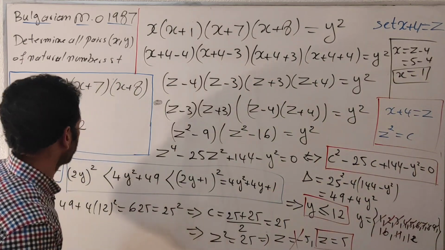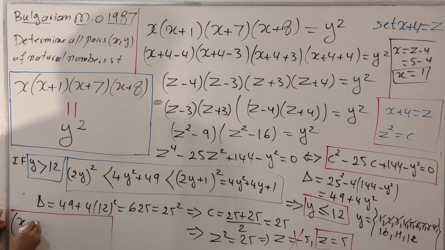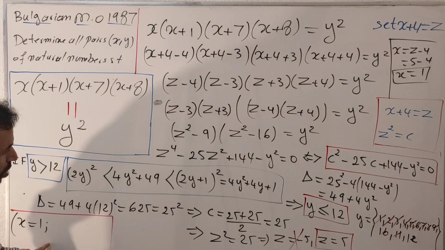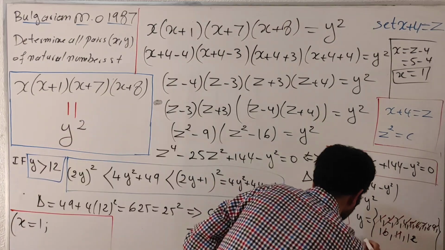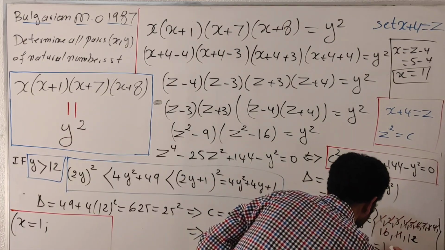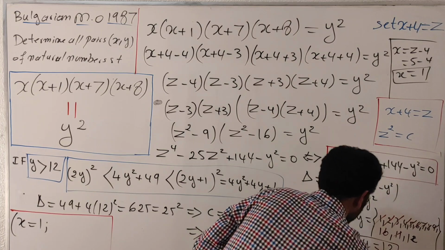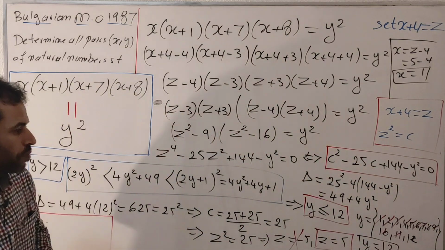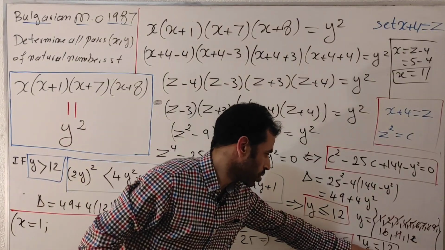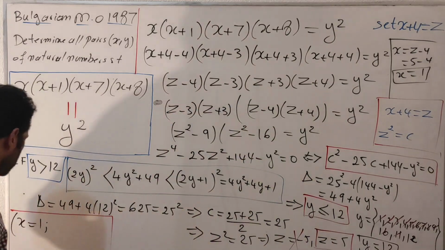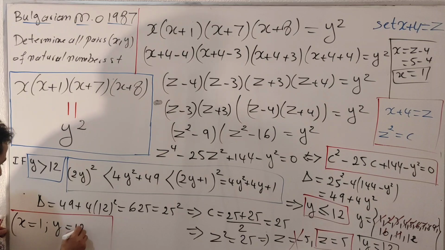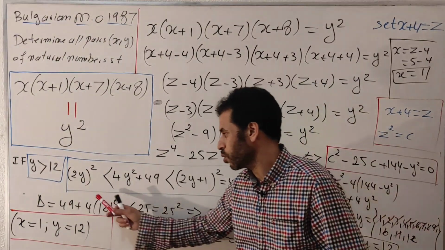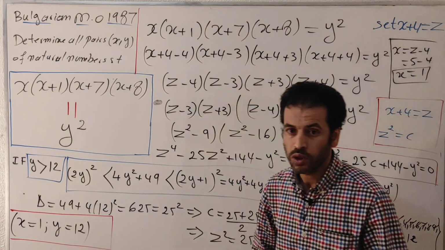So now I have a pair of solutions, X equals 1. This one is giving us this solution because Y equals 12 is a solution. That means X equals 1, and I will have Y equals 12 as a solution. We found only one pair solution. So I have done this problem.